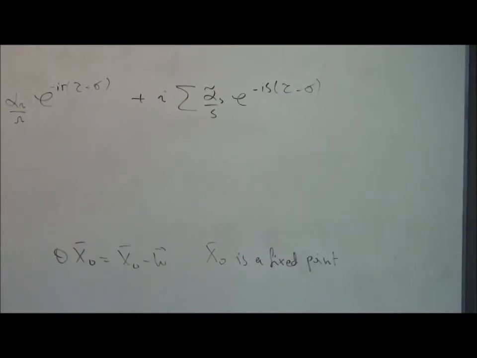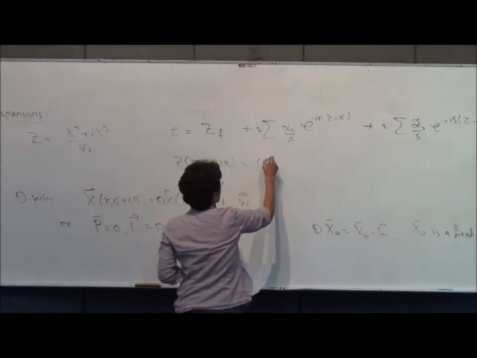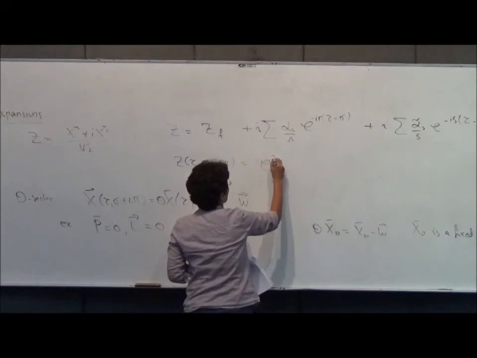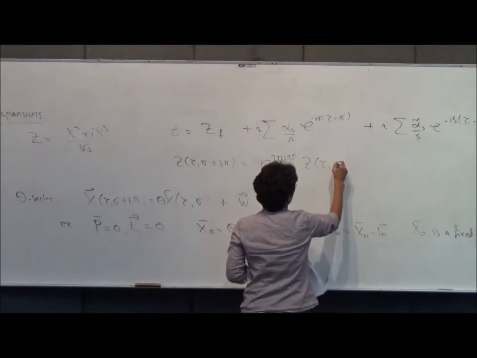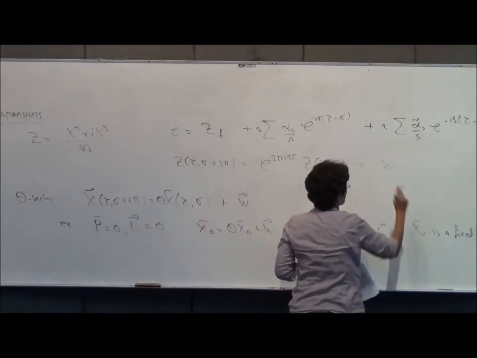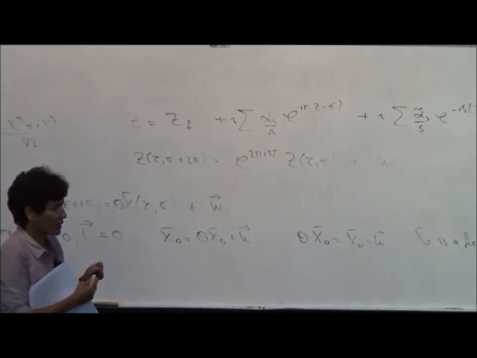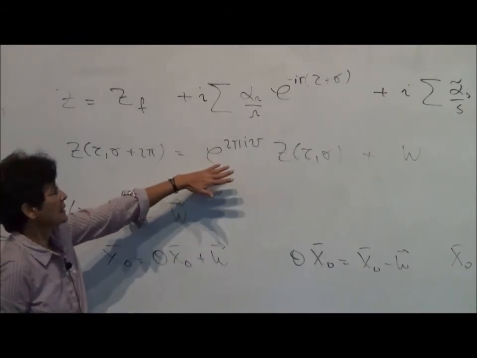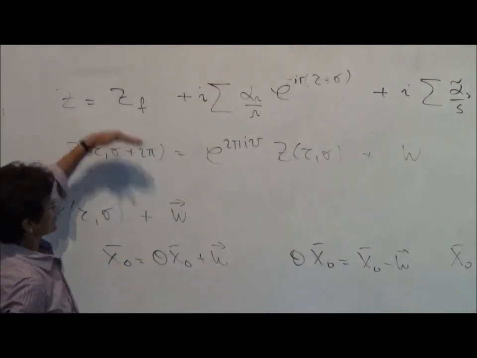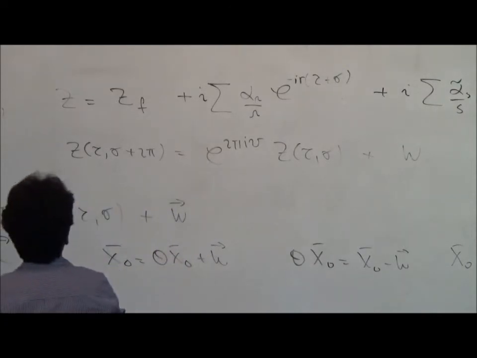X of tau, sigma plus 2 pi equals theta X, which is now e to the 2 pi i times X of tau, sigma, plus some vector in the lattice written in polar coordinates. But the important thing is here. It's easy to do if you substitute, and what you will find is the following.